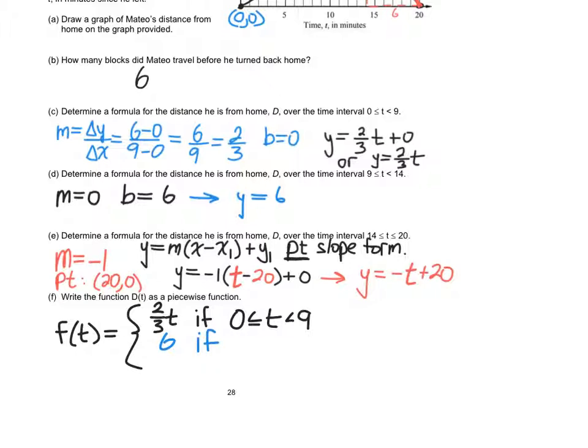That only happened if t was between 9 and 14. And then the last piece, -t plus 20. But that was only if t was between 14 and 20. All right, so that last part should be easy because you did all the work prior to that.